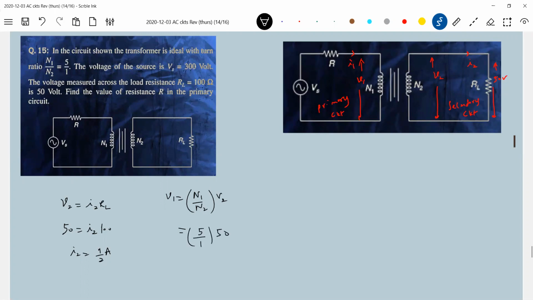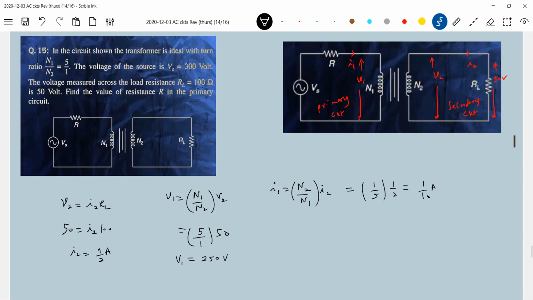V2 is 50, so this will be 250 volt. Now I know V1. Then can we get current I1? Reciprocal of this: I1 is N2 by N1 into I2. N2 by N1 is 1/5, I2 is 1/2, so I1 is 1/10 ampere. Keep it here. So now we know I1 also.